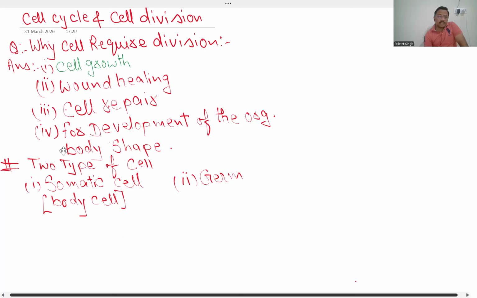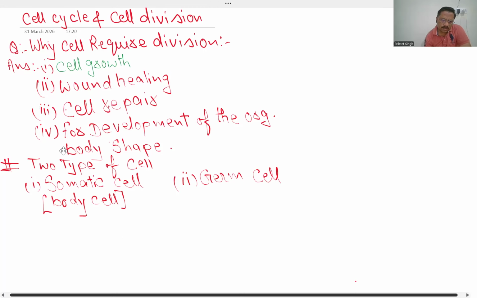By practicing and working hard, it adapts its body shape. But in the case of germ cells, the quality the parent cells have has to be transferred to the next generation, to the daughter cells. So germ cells are the cells which can carry genetic information from one generation to another.